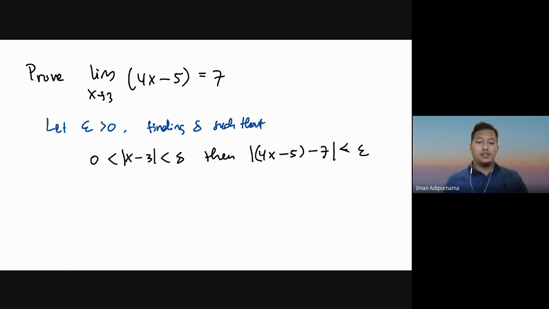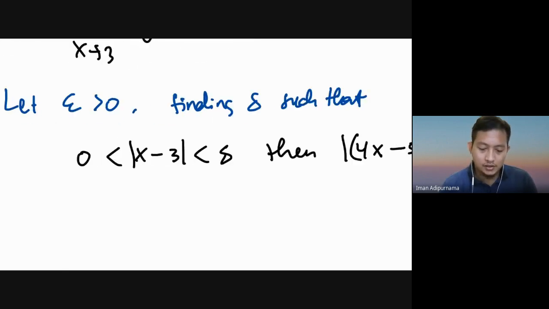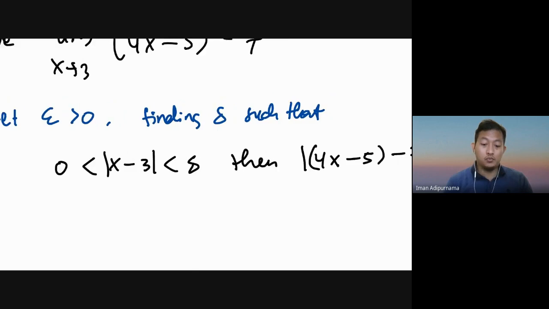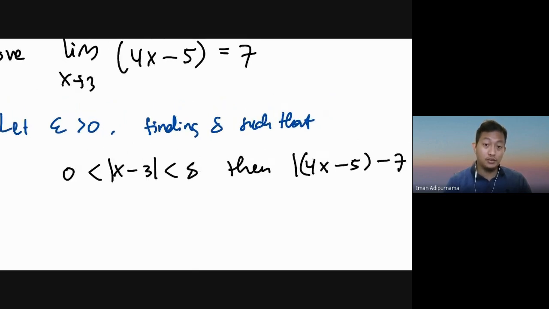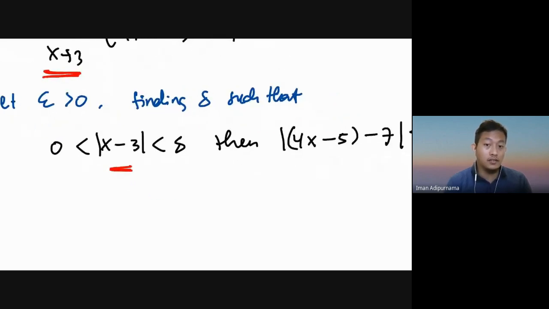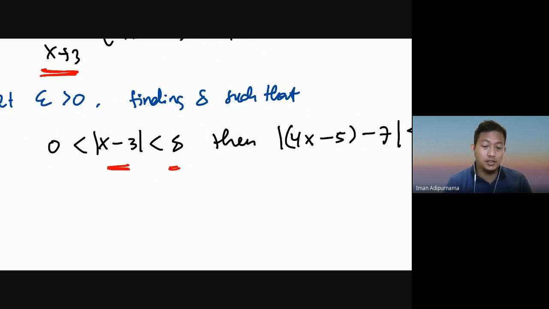Now what does this mean? We need to understand the x minus 3 here. This is the distance, right? How close x is to 3. So from x approaching 3, we are going to find how close that is, and we are going to mark that distance with the delta.